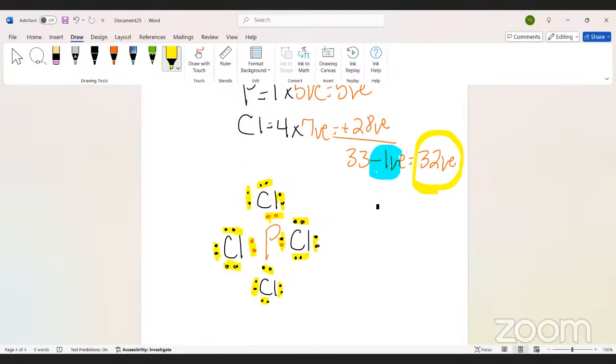And voila, we are done. Kind of. What we got to do, we got to go ahead and replace the dots that were circling around phosphorus. Just replace those with a dash. Okay? So I'm just going to erase them.